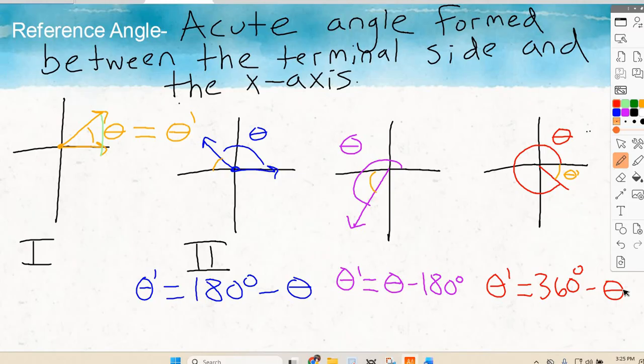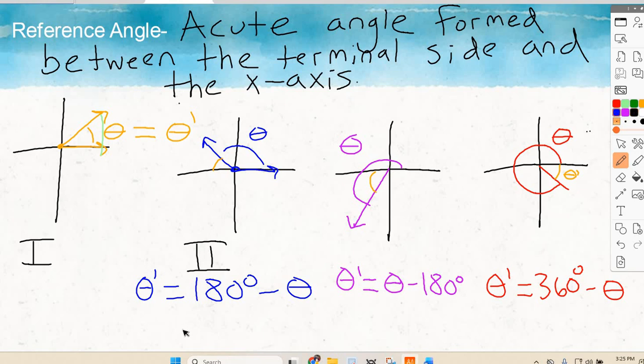Okay, what type of angles were all of those? All the angles that we gave were what kind of angles? They all have a what at the end? Degree. Are those the only type of angles that we have? No. Now we also have radians.